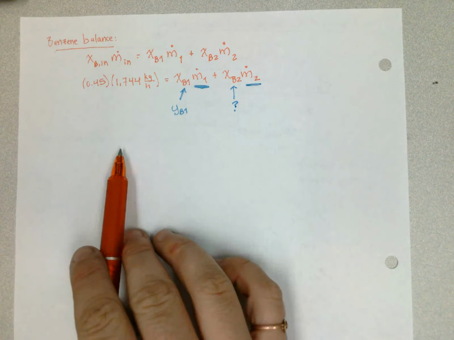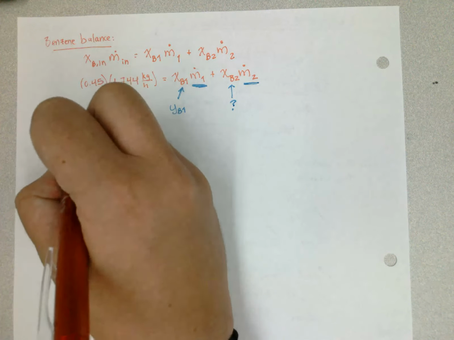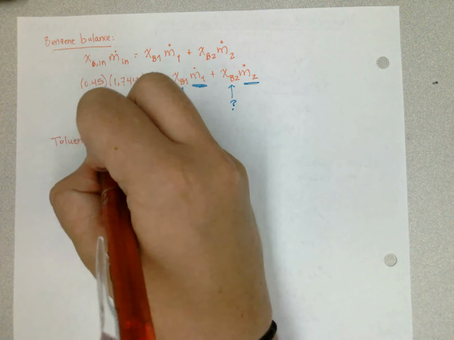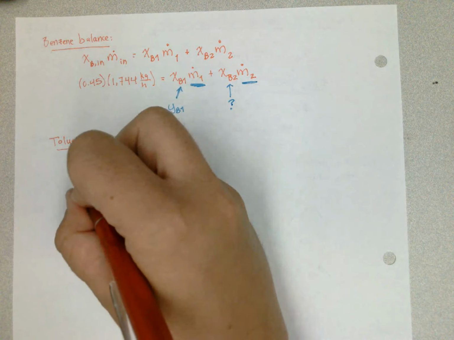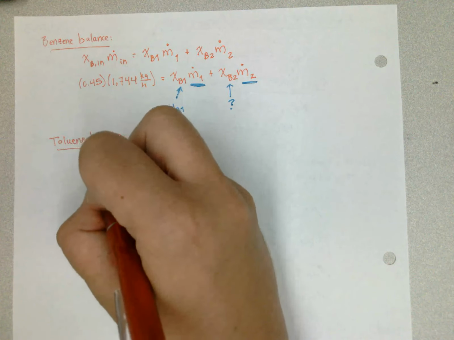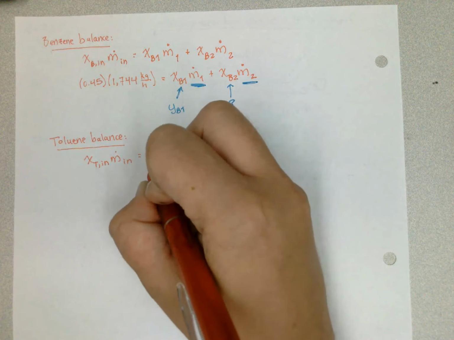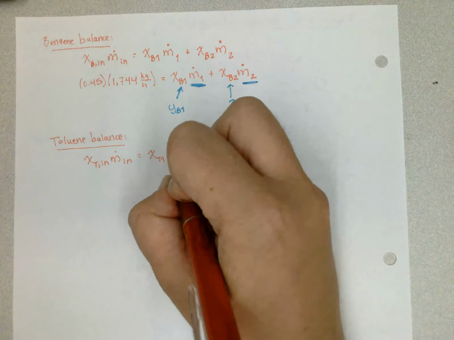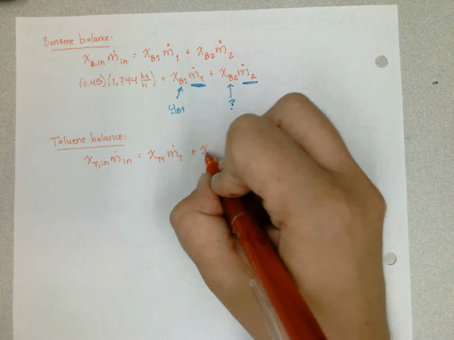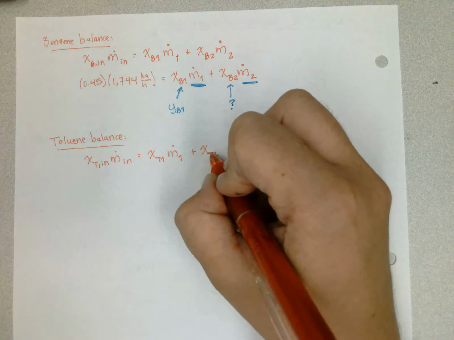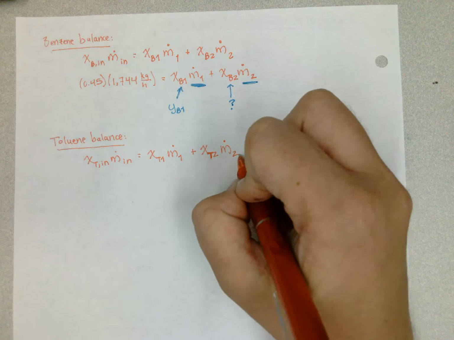All right, so that means that we need to write other equations. So let's write our toluene balance. So here comes the toluene balance. We're going to have XT in times M in equals XT1 times M1 plus XT2, let me make my t's very clear, there we go, times M2.